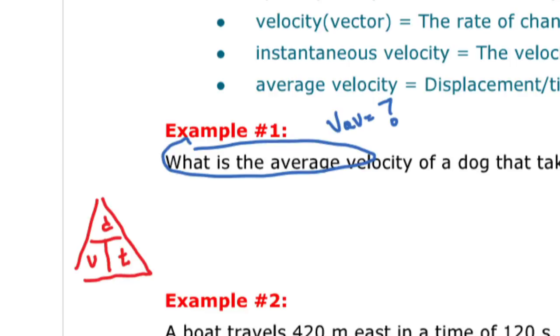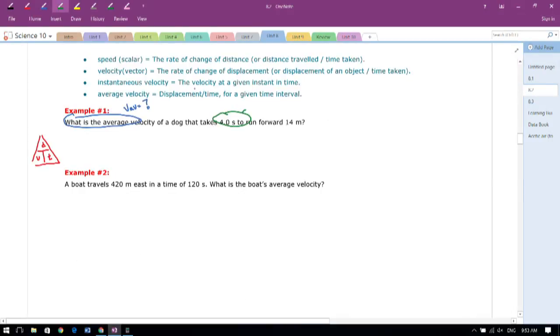So we're trying to find the average velocity. The second piece of information I'm given here is that a dog takes 4 seconds. And 4 seconds is a time. And then the last thing we're given is that the dog takes 4 seconds to run 14 meters. And this is a distance.